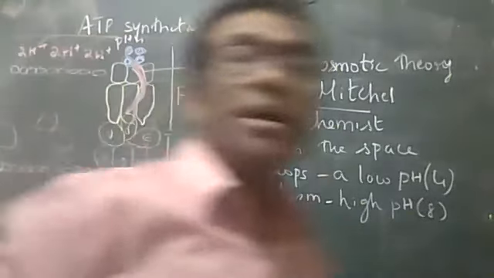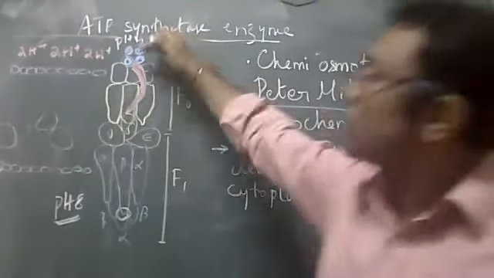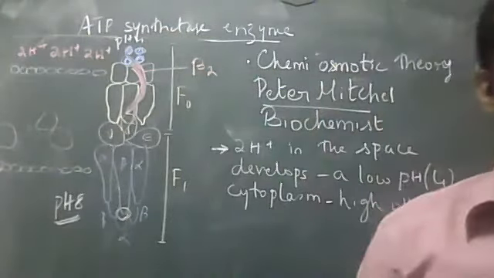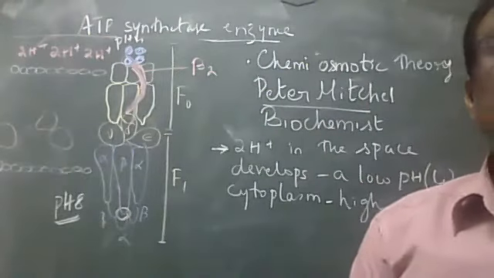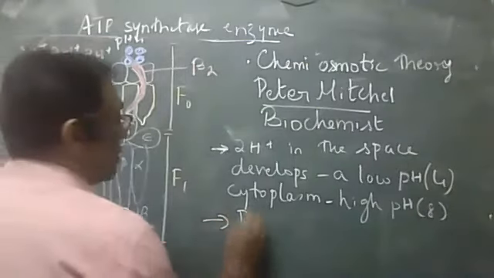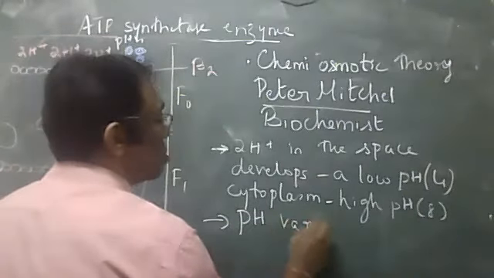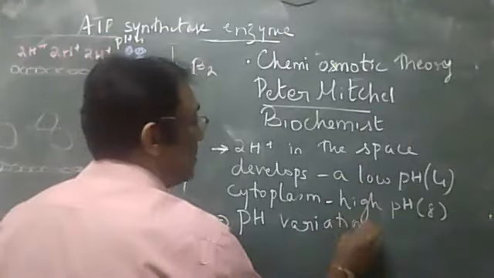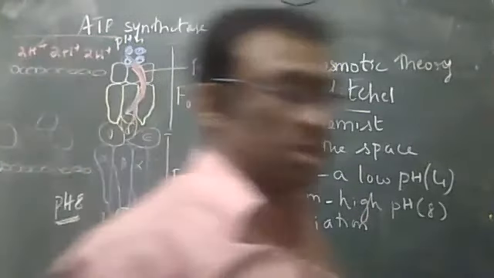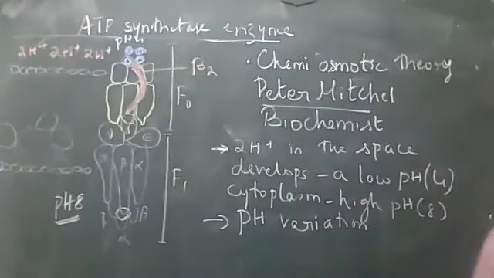All of you clear till here? pH 4, pH 8. So he calls this pH variation. Whenever such a pH variation happens, what should the cell always try to do?